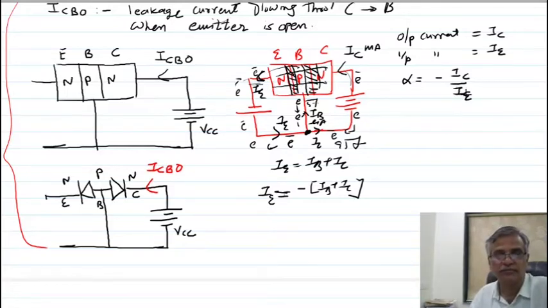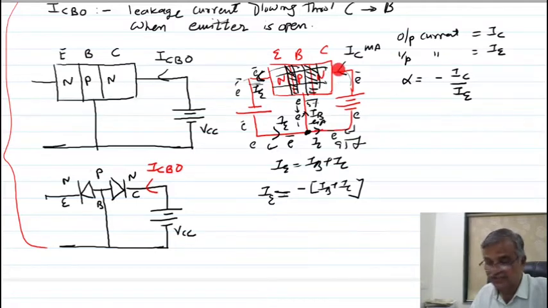Then we have taken magnitude sign. This current is due to the electrons of emitters. This current, collector current, is due to the emitter electron which is coming here, and they constitute the current. But this discussion shows that in this current also ICBO electrons of this base also take part.